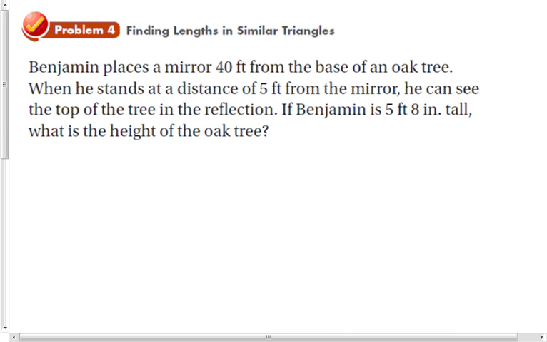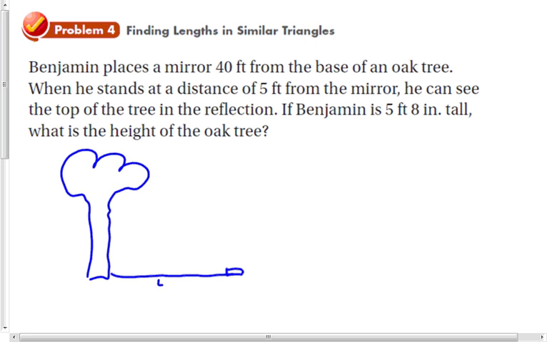All right, last thing we're going to do is use this idea of similarity to solve a problem. Ben places a mirror 40 feet from the base of an oak tree. So let's draw a little oak tree here. And he puts a mirror 40 feet away. So here's our little mirror here. And that distance is 40 feet. When he stands at a distance of 5 feet from the mirror, he can see the top of the tree in reflection.